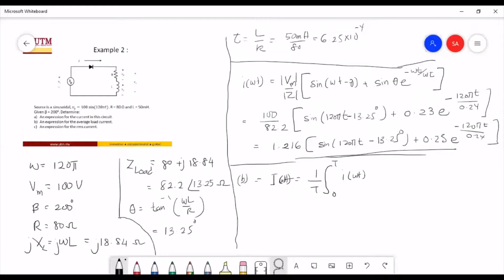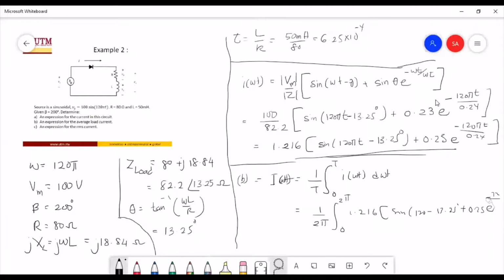So for the expression, the period is 2 pi, so we integrate from 0 to 2 pi the expression of i of omega t, which is 1.216 sine of omega t minus 13.25 plus 0.23 exponential of negative 120 pi t divided by 0.24. So this is the expression.